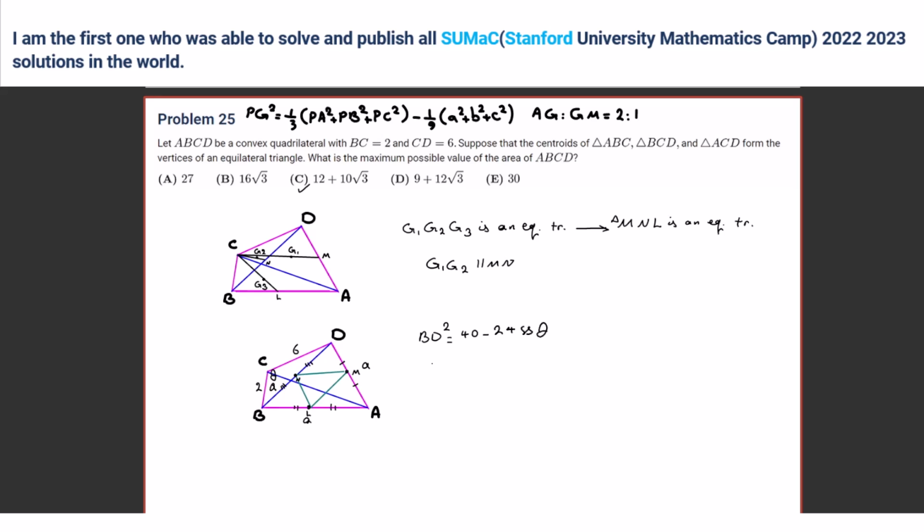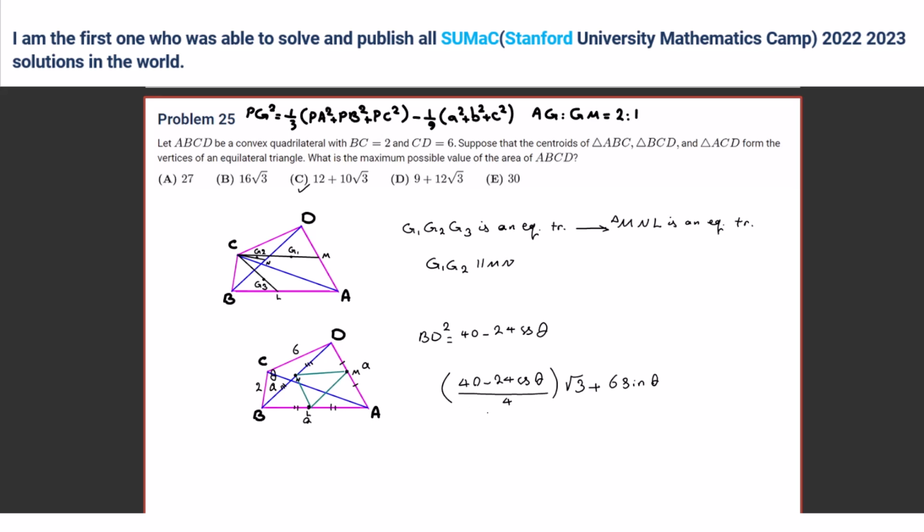Then times root 3 over 4 is the area of ABD. So the area is BD squared times root 3 over 4, that is, (40 minus 24 cos theta) times root 3 over 4, plus the area of BCD, which is 6 sine theta.